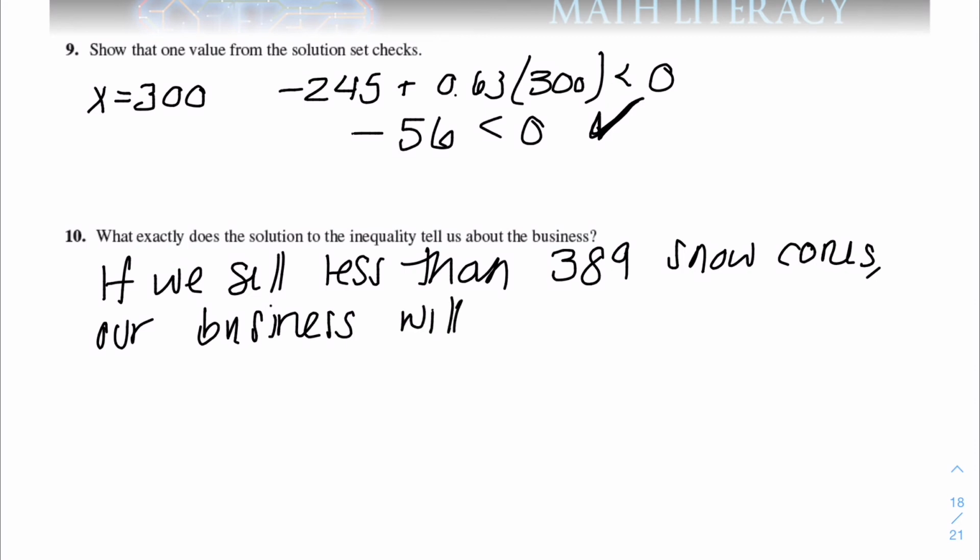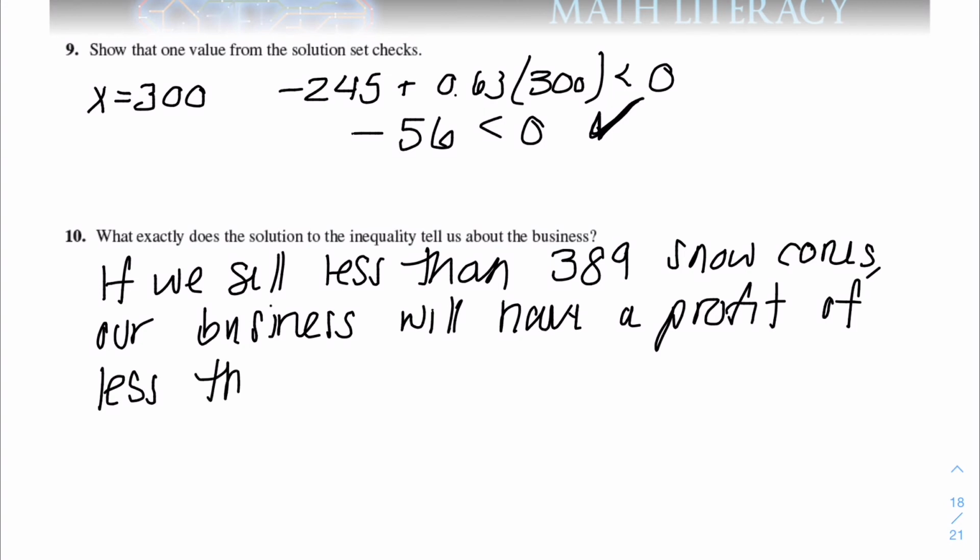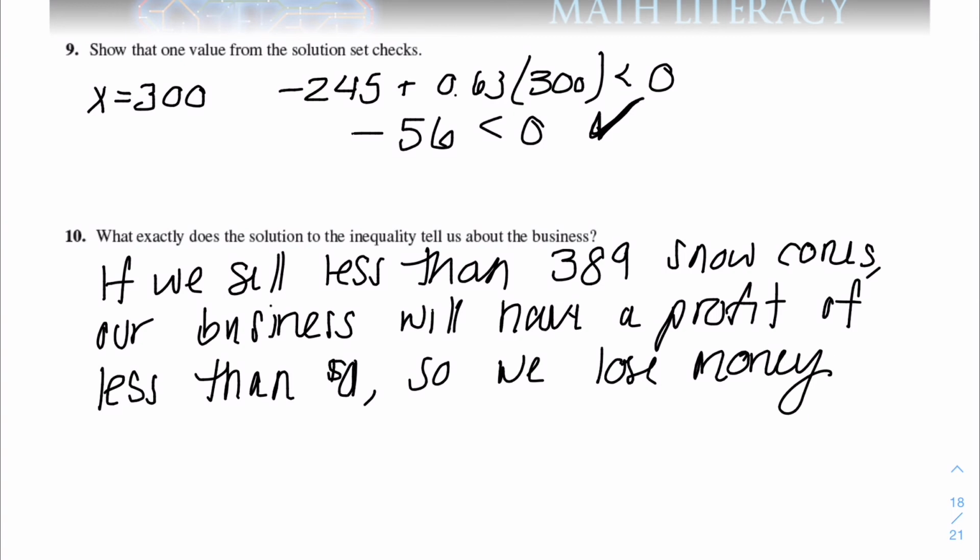So our business will have a profit of less than $0, so we lose money. So you need to sell at least this quantity to have a positive profit.